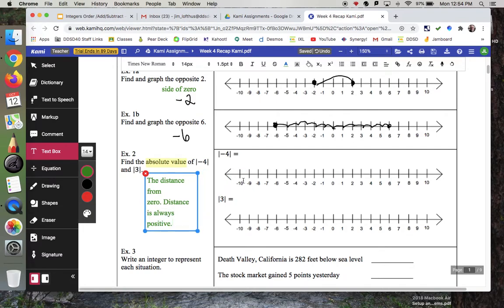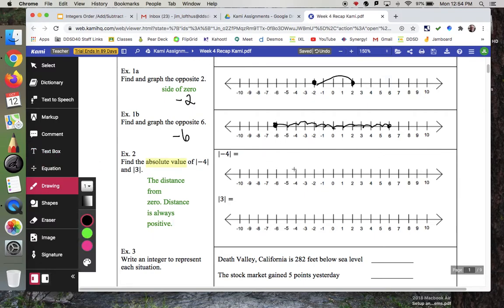So now if we think of this question as what is the distance negative 4 is from 0, then we can think of it this way. Negative 4 is 1, 2, 3, 4 steps from 0.